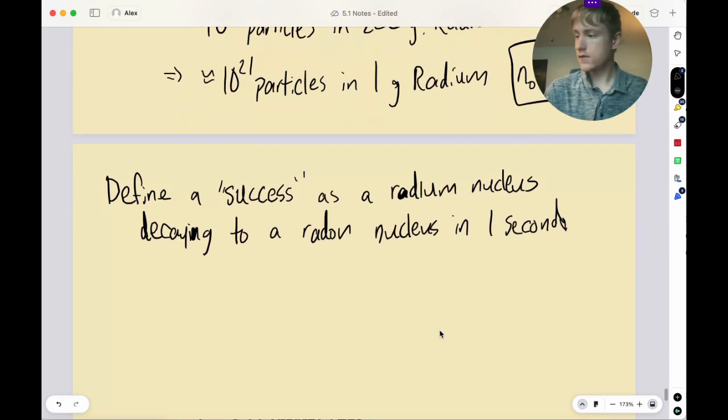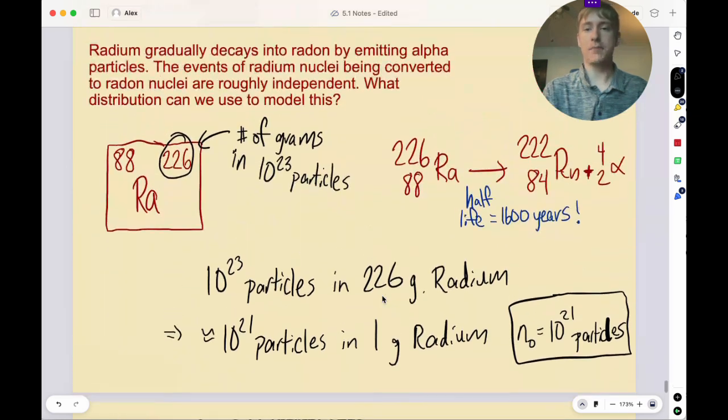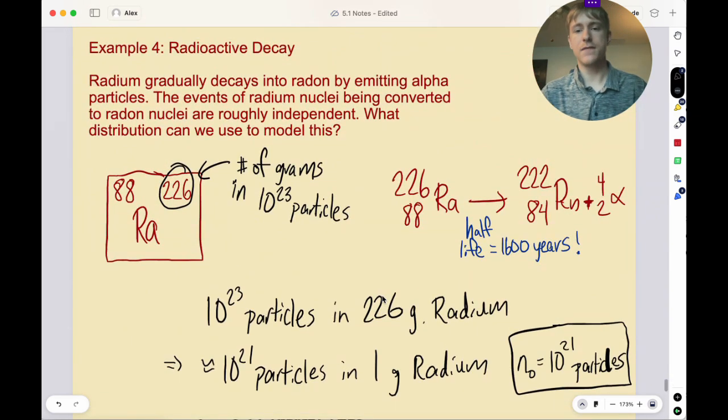But we know that if it takes 1,600 years for half of it to decay, think about what that means from this equation. If half of this decays to this, and every time one of these decays an alpha particle is released, that means you're going to have n0 times a half number of alpha particles.